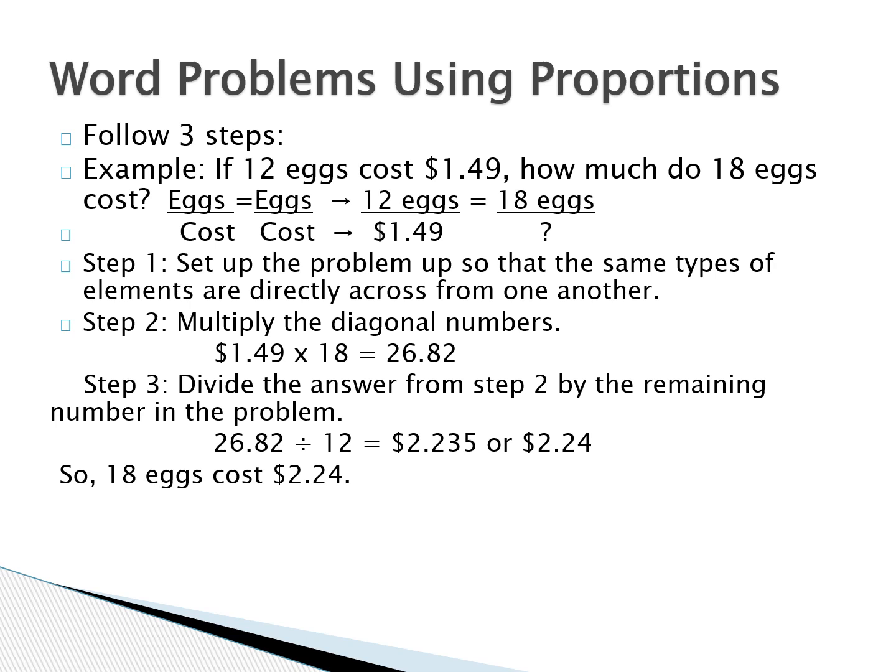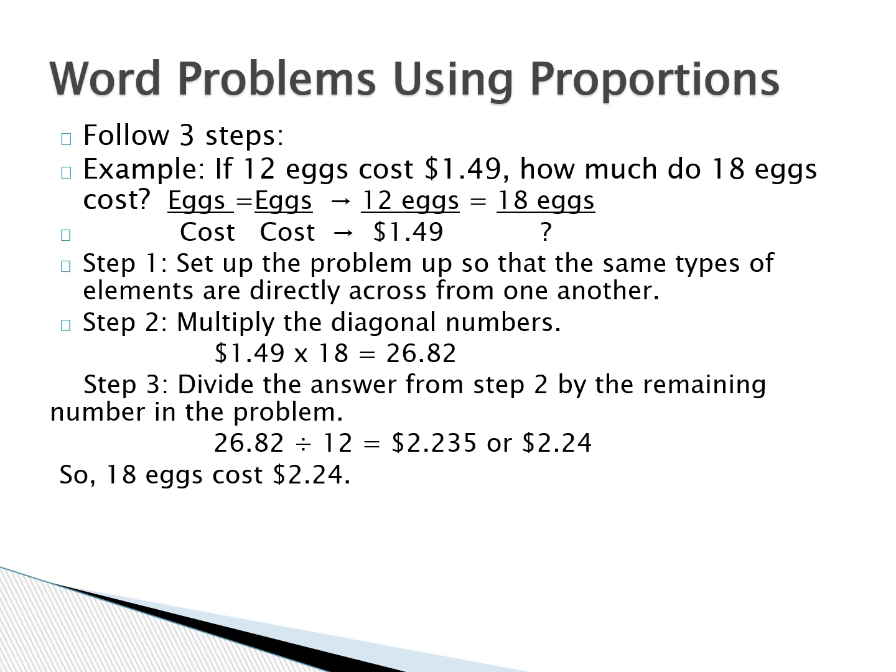But the true way of doing it is setting it up using proportions. Remember, proportions are equal ratios. So 12 eggs is to $1.49 as 18 eggs are to what. You want to set up the problem so that the same type of elements or units are directly across from each other.